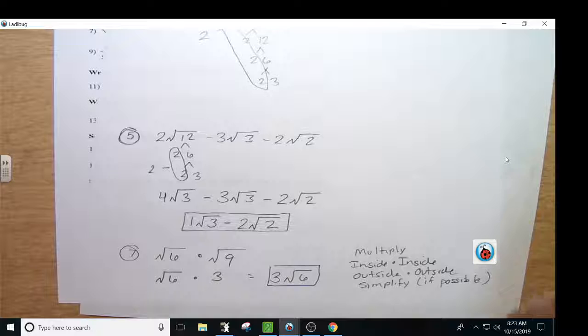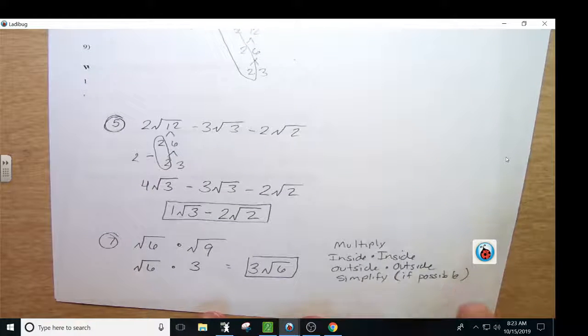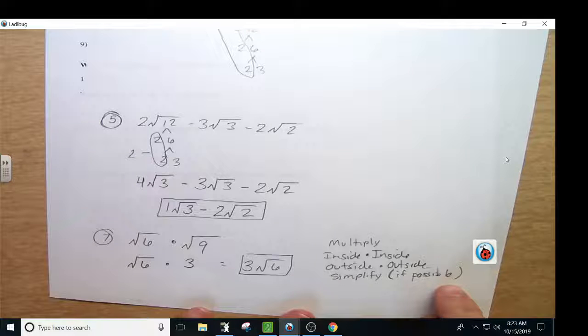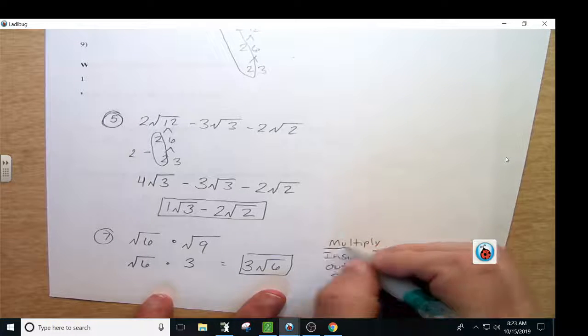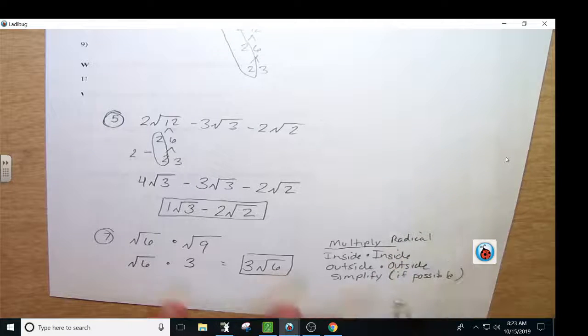It wouldn't be full credit. So basically, guys, when you multiply radicals, you multiply inside times inside, outside times outside, and then simplify if possible.